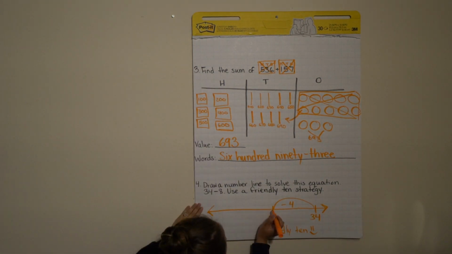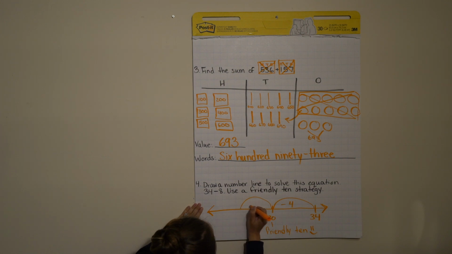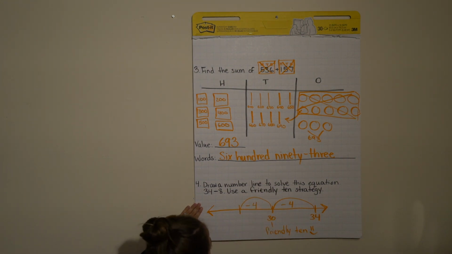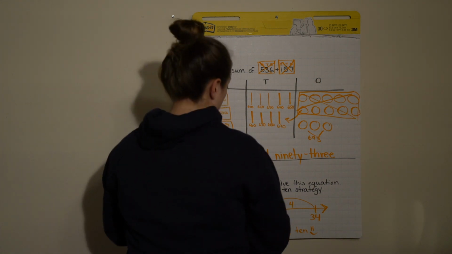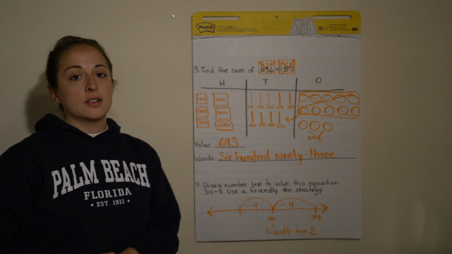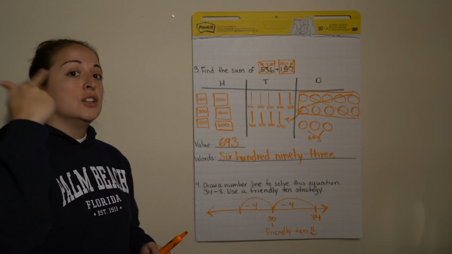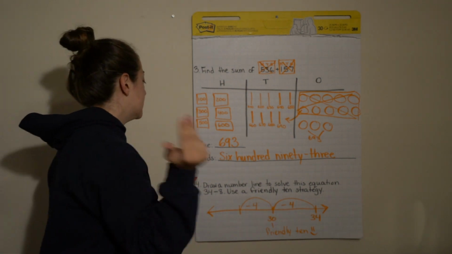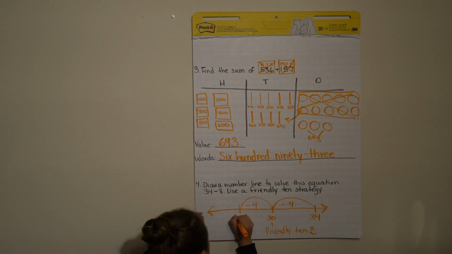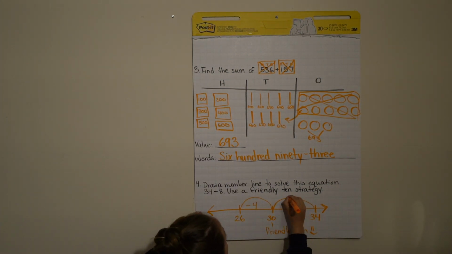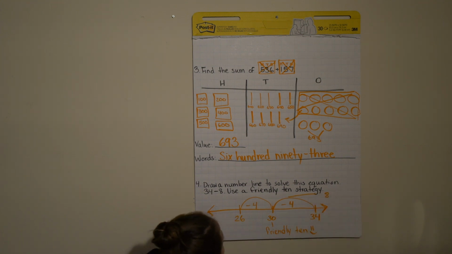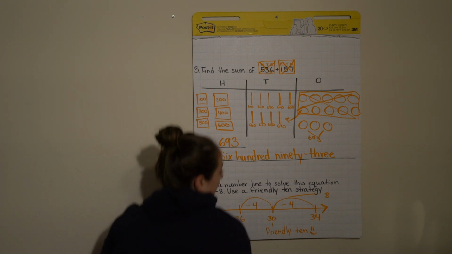So we're going to take away another hop of 4. If you do 30 minus 4, what number are you going to land on? If you don't know right away, you can definitely use your fingers. So 30, 29, 28, 27, 26. And the 4 and the 4 represent your 8 that you're supposed to subtract.